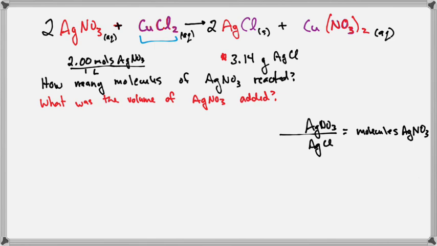I'm trying to convert a substance here. The only place I can convert the substance is the balanced chemical equation. What unit is tied to the balanced chemical equation? Moles.